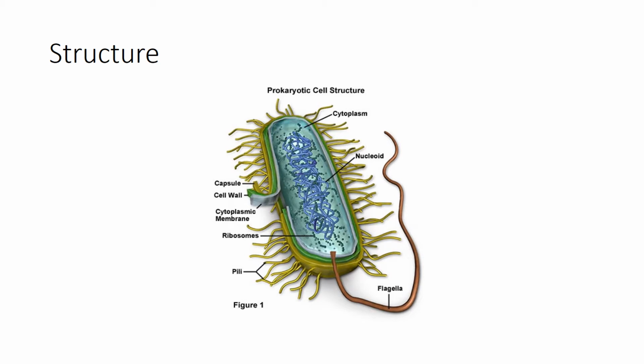Then you see the cellular membrane, the cytoplasmic membrane, surrounding this whole cell. Then outside of the cellular membrane, there is the cell wall. It is pictured in green here, and note that the green layer, which symbolizes the cell wall, is outside the cytoplasmic membrane or cell membrane.